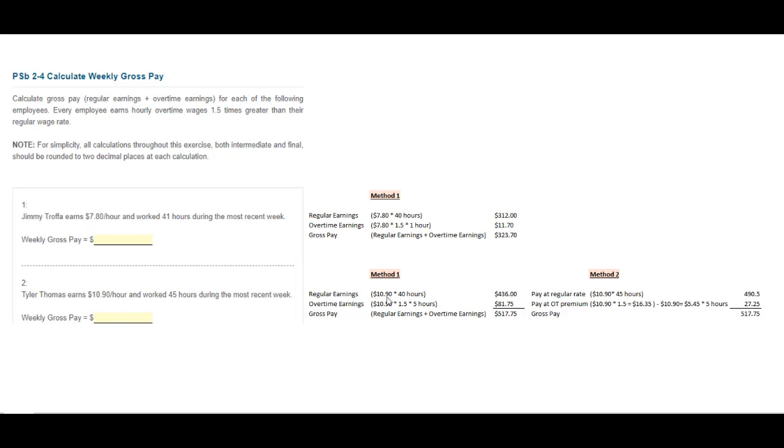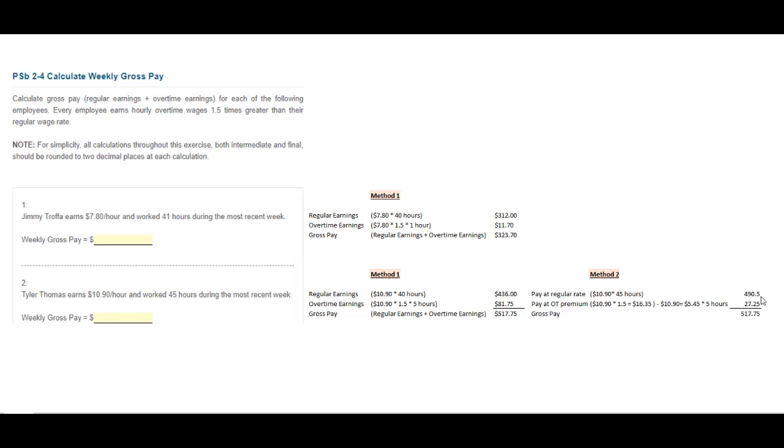Whereas in method 1, we use 40 hours for regular earnings and then 5 hours for overtime earnings. Here, we take a total, all hours combined. But what is the regular rate of all of these hours? It's $10.90. So $10.90 times 45 hours gets you $490.50.